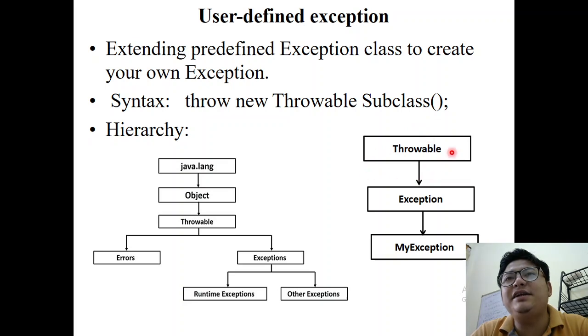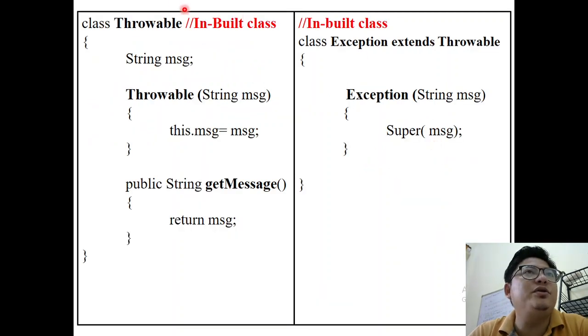So let us see the content of Throwable. There is a string message, MSG. This block is known as a constructor that will initialize this MSG with whatever it receives in the parameter. It's a kind of parameterized constructor.